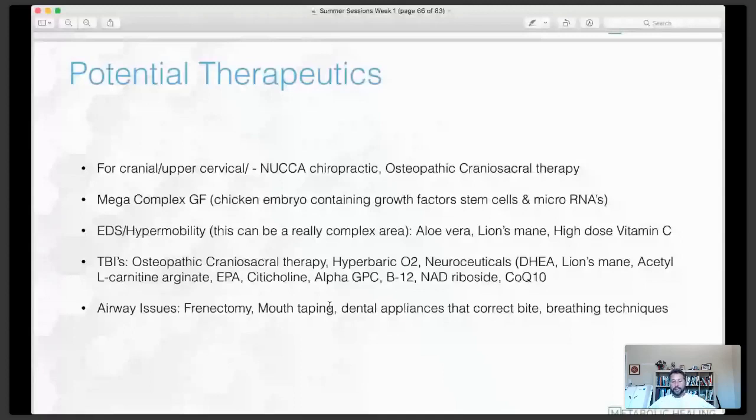For the hypermobility component, this is a really complex area, and it's not just as simple as these 3 things. I'm going to be quite honest with you right there. But these 3 things have been shown to be really useful. I did a poll of the CUSAC forum for EDS several months ago, these are the people self-treating with EDS and hypermobility themselves. I said, well, what is working?